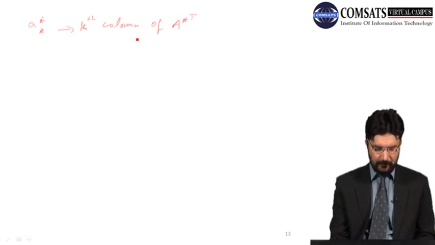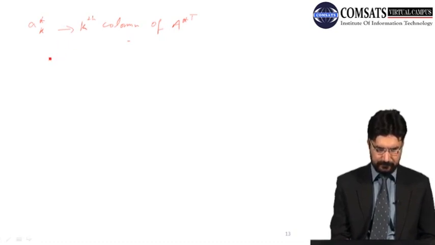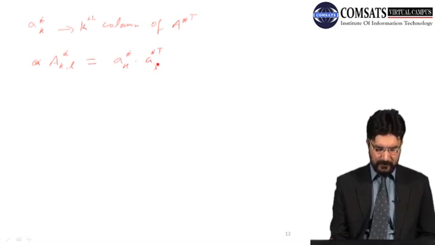Using the same concept, our basis function we can take as A KL star. We already defined this, that it can be A K star into A L star transpose. So this is how we compute the basis image.